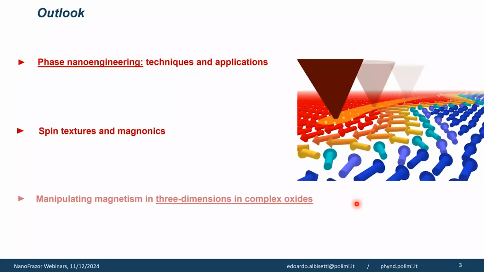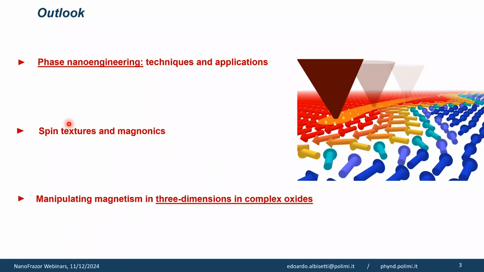So in the talk today, I will go through this phase nanoengineering concept that we started a while ago, starting with thermal lithography. And I will introduce the possibility of performing this phase nanoengineering with different techniques, among which the NanoFrazor, of course. Then I will talk a little bit about the possible applications, as Jana said, in the range of photonics, electronics, and magnetism.